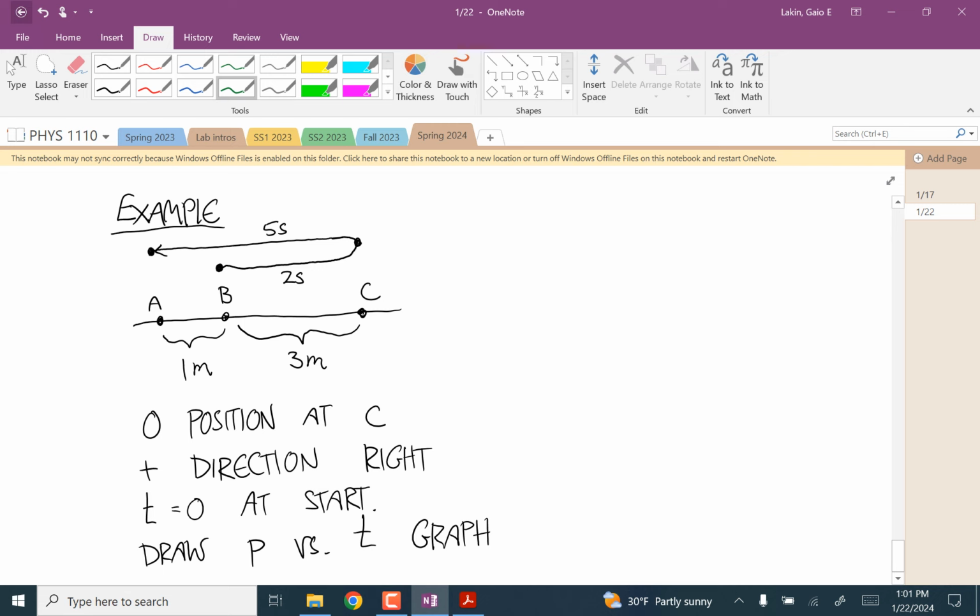What does it say when the motion starts? 0, yep. What does it say when you get to C? 2, perfect. And what does it say when you get to A? 7, yep.